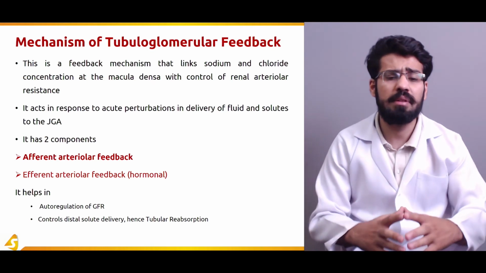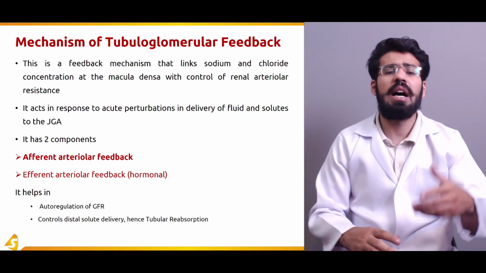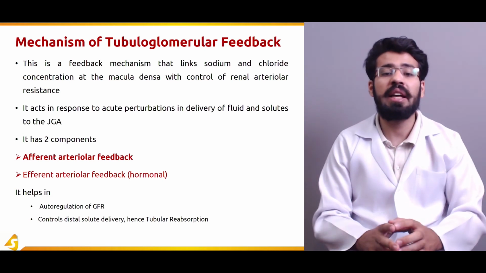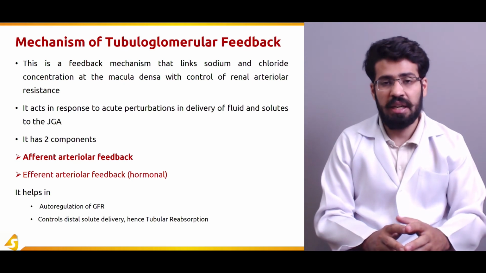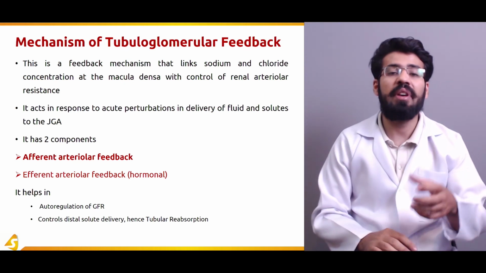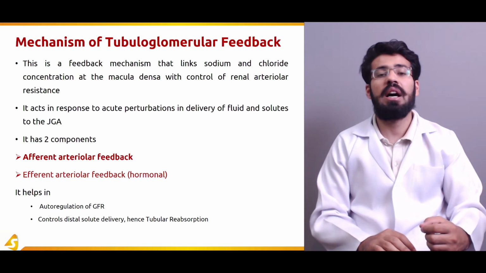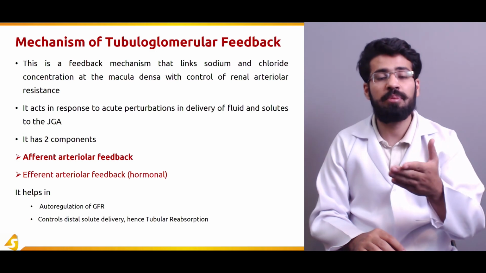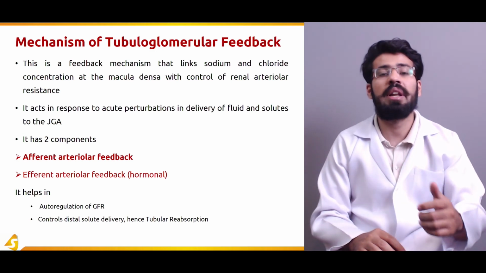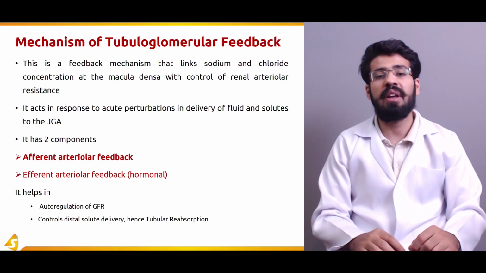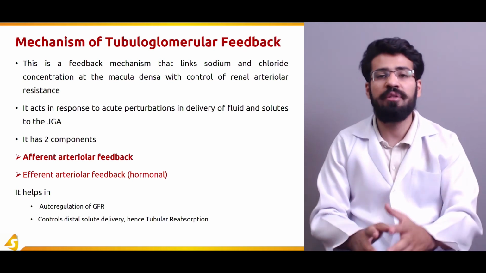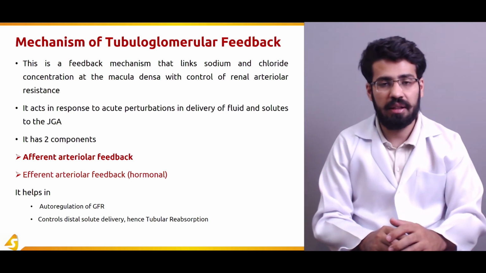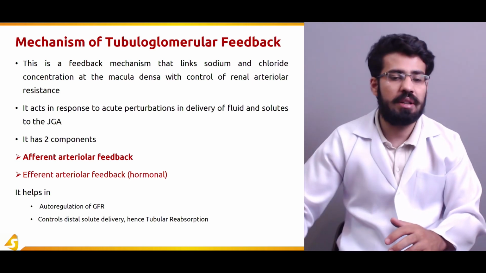What basically happens in this scenario is that this tubuloglomerular feedback mechanism acts on acute perturbations, disturbances that are very rapid, not chronic, that have not developed with the progression of time, but are very new and very severe, in the delivery of fluids and solute to the JGA, the juxtaglomerular apparatus.